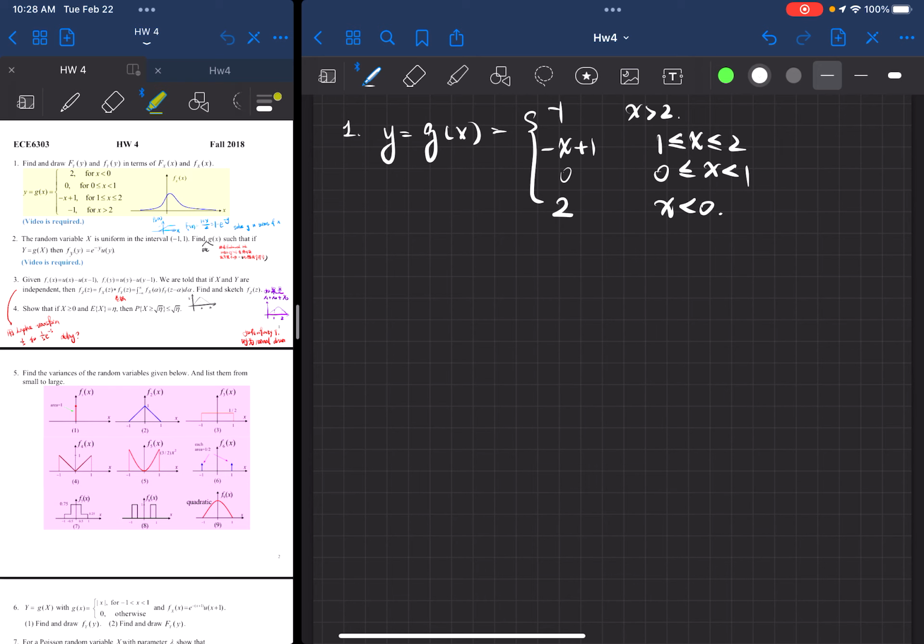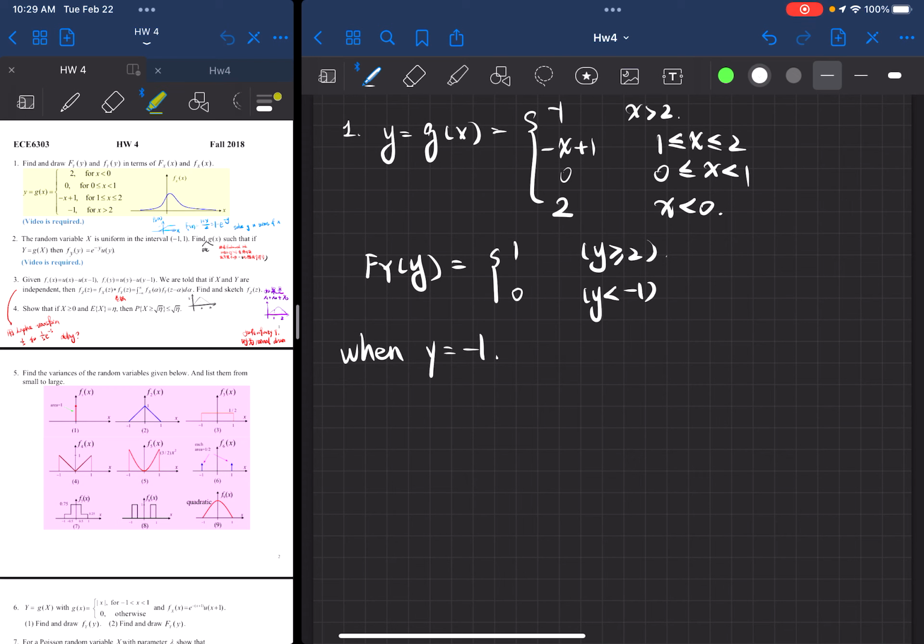So we can directly write the distribution function of y. When y is greater than 2, it should be 1, and when y is smaller than minus 1, it should be 0. For the values of y between minus 1 and 2, consider y equals minus 1.